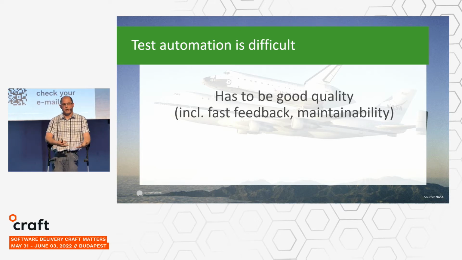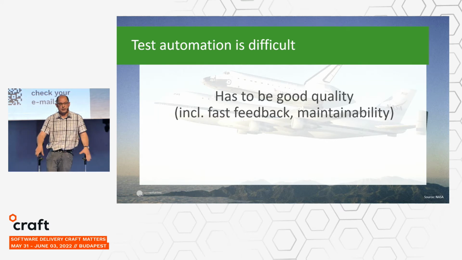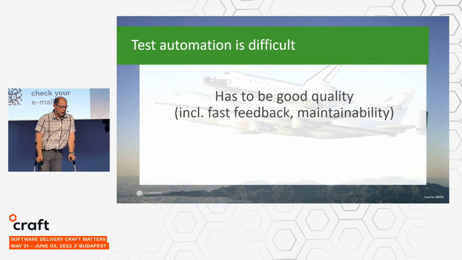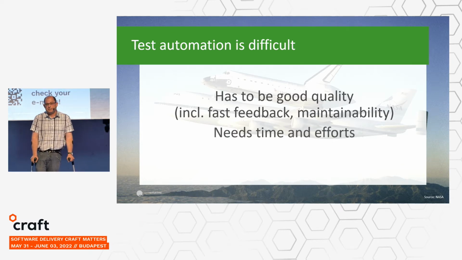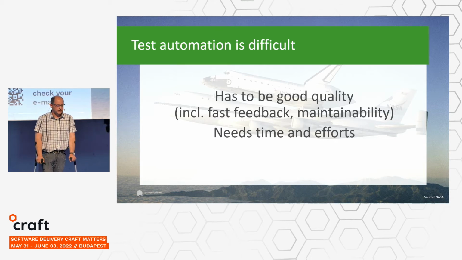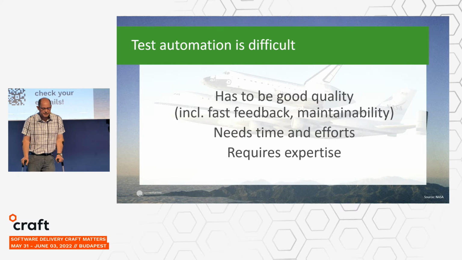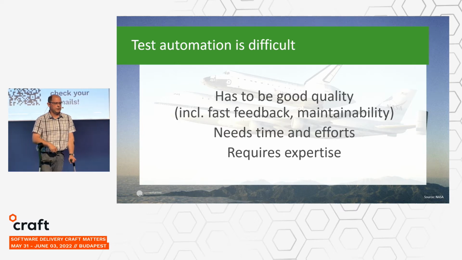We would like to have fast response, so we would like the tests to quickly return some value, and the other is that we would like to keep these tests for a longer time, so maintainability is also a very important aspect, but there are a couple of others. But what we can see is that because it is difficult, it needs more time and effort, and you need some sort of expertise to be able to address those things. That's what I had to learn, sometimes with painful lessons.